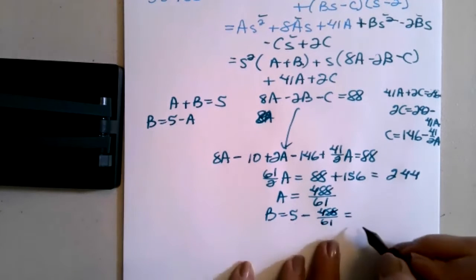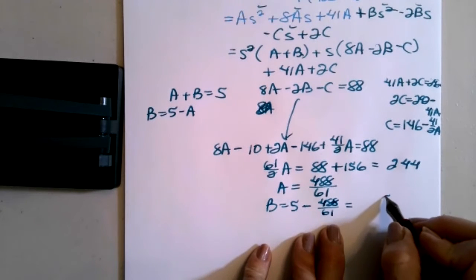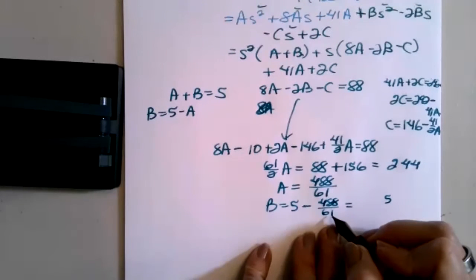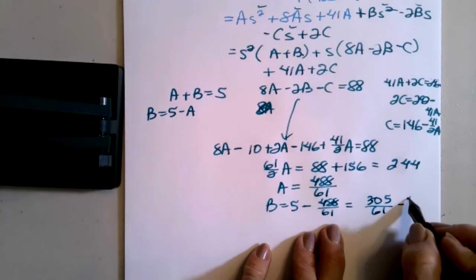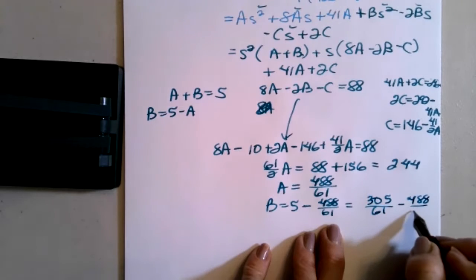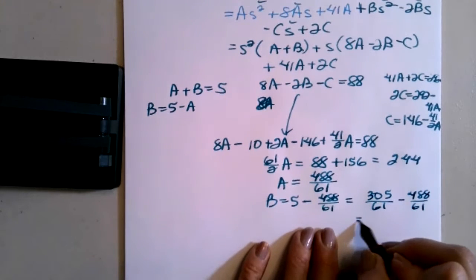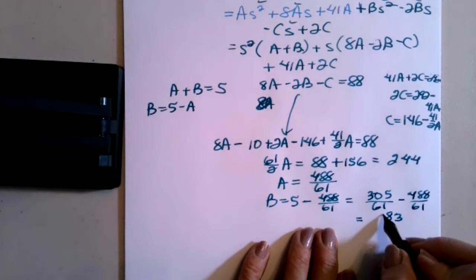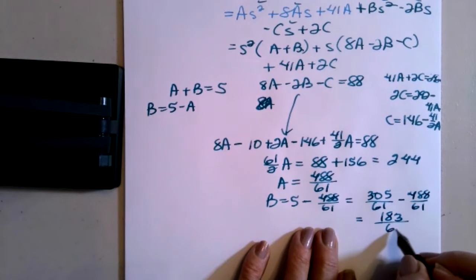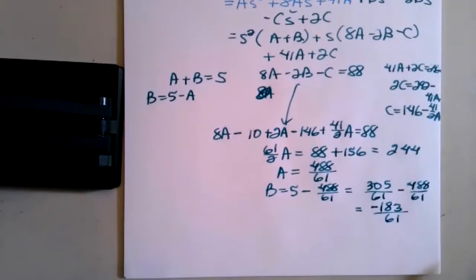Oh, this is so much fun. 61 times 5 is 305, so that's 305 over 61 minus 488 over 61, which will be negative 183 over 61.